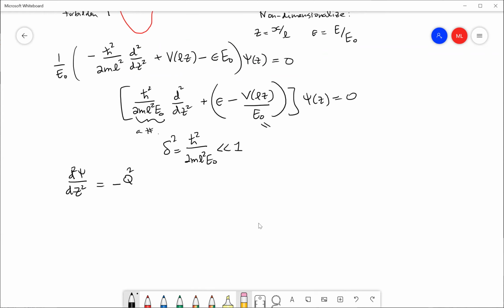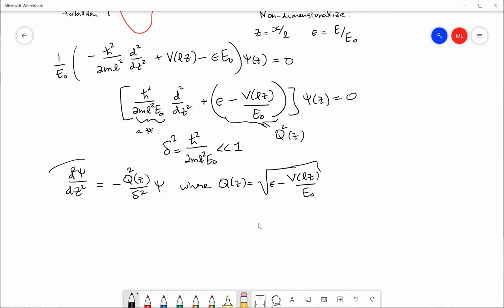This function q squared is epsilon minus this guy, just some function of z. And again, q of z is the square root of epsilon minus V of L z over E naught. So we've hammered away at our Schrodinger equation until it has this form.